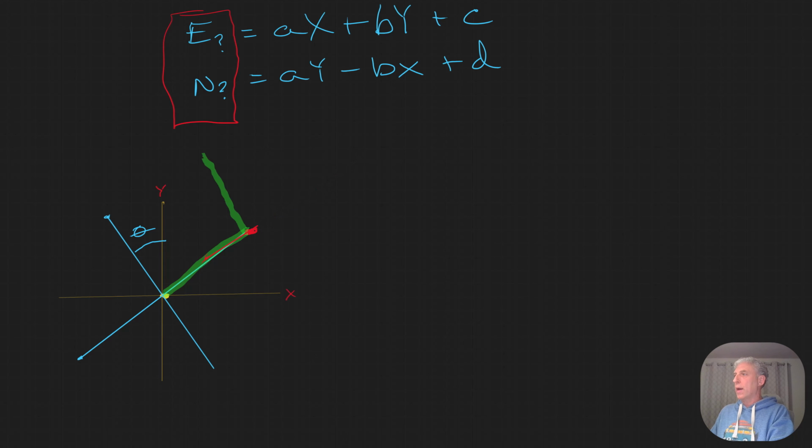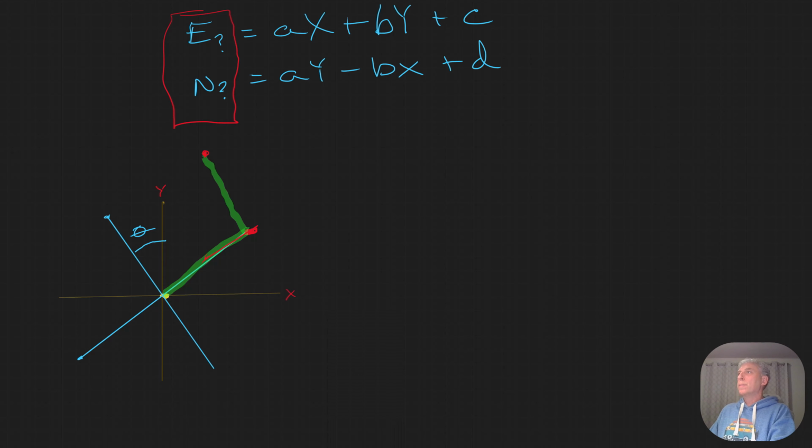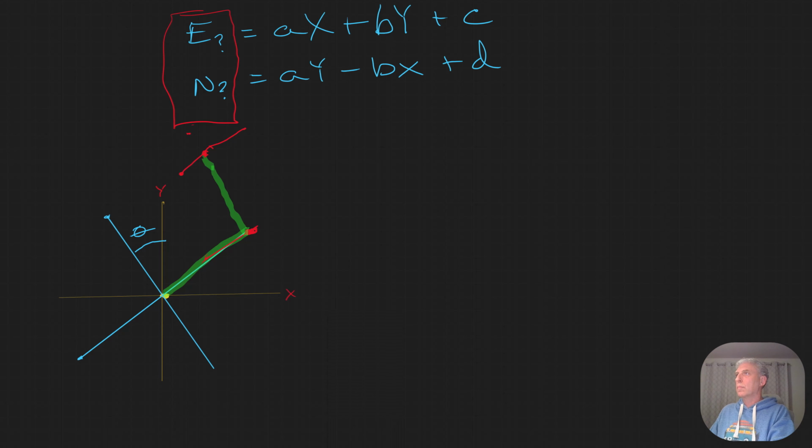Since we translated along the green lines, first the x-axis, then the y-axis, that would put our centroid there. And now our new final axes are here and here. Anyway, so you get the idea.